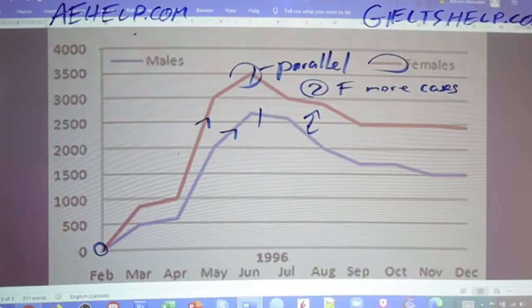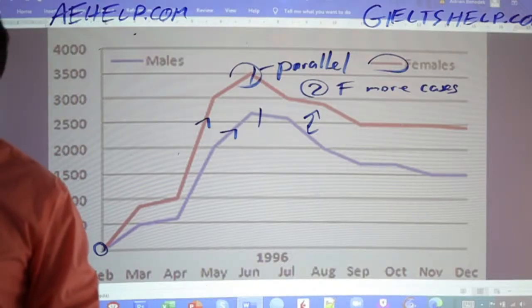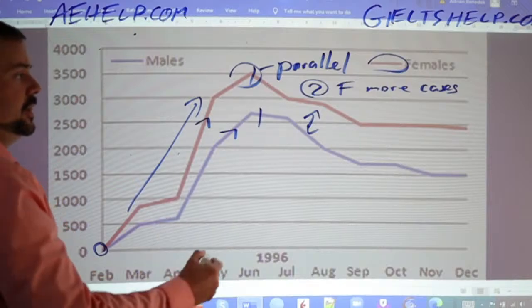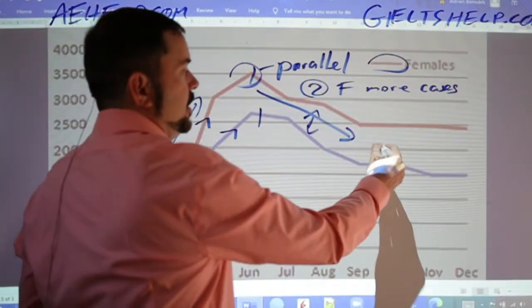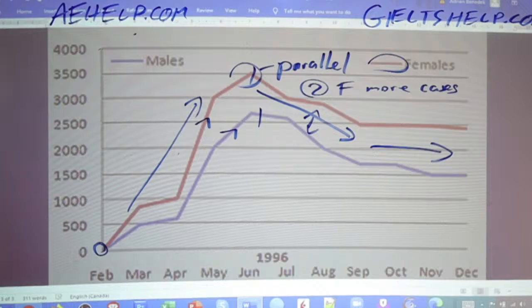And then what else do we see? Let's see, did anybody catch? Parneet says both lines show an upward trend. Not really, Parneet. Careful with information mistakes. We see an upward trend here, but a downward trend here, and a flattening here. So it's not an upward trend.